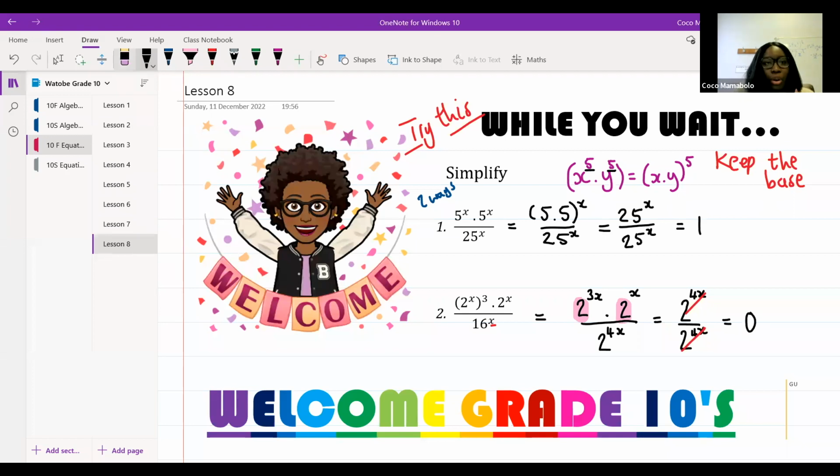No, no, no, no, no. What we are actually doing is dividing. Even when we cross cancel, what we're actually doing is taking the 2 at the top and the 2 at the bottom and dividing. 2 divided by 2 will give us 1. Okay, 2 to the power of 4x divided by 2 to the power of 4x will give us 1.